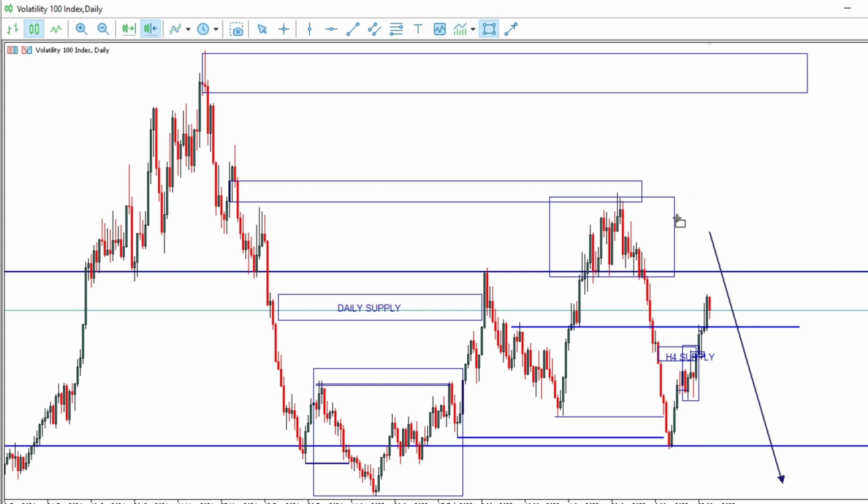We are carefully analyzing it, basing on what happened previously. If you analyze, you base on what happened previously to predict what will come in future. That's what constitutes a high probability setup.